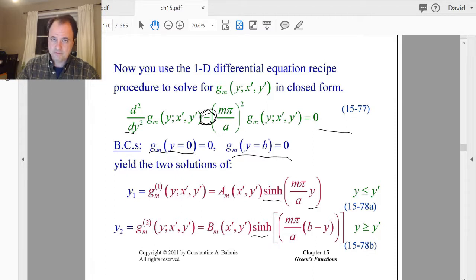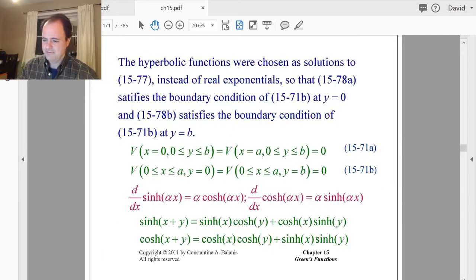Hyperbolic sine of 0 is 0. Hyperbolic cosine of 0 is not 0. And same for y2. This has to be equal to 0 at y equal to b. So this is the solution we choose for that one. All right. So we have y1 and y2. We have our two y's for this.